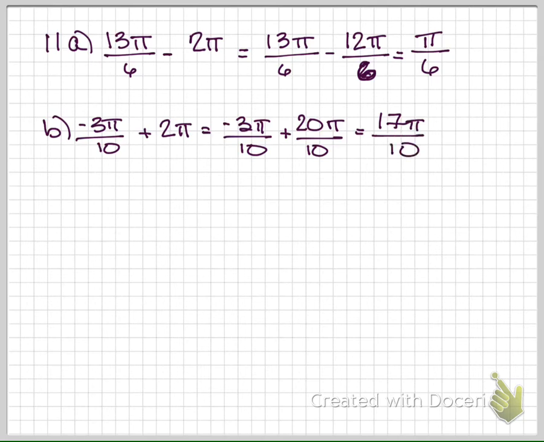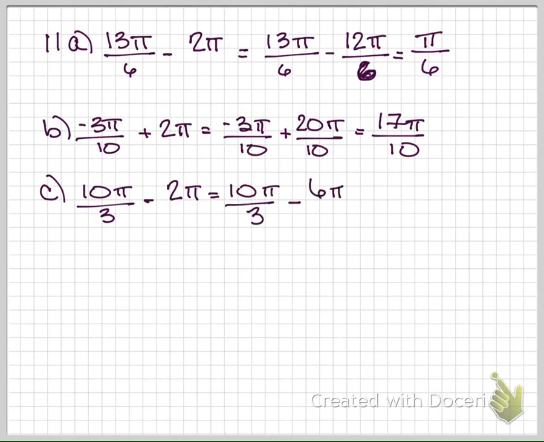Our last one, C. C says 10 pi over 3. That's positive. It's bigger than 2 pi, so I'm subtracting off 2 pi. I get 10 pi over 3 minus 6 pi over 3, and we get 4 pi over 3.